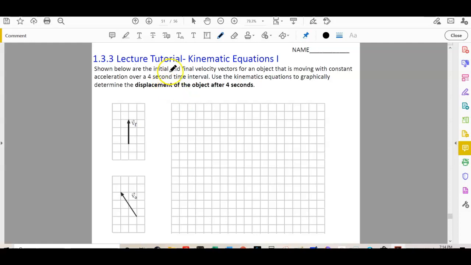And I love this problem because it kind of breaks out from what we were just doing, because you have to consider in this first problem that delta t takes place over 4 seconds, right? And so here you're given an initial velocity vector from 0 seconds to 1 second, and then this is going to be a final velocity vector, which has to take place from 3 seconds to 4 seconds, right?